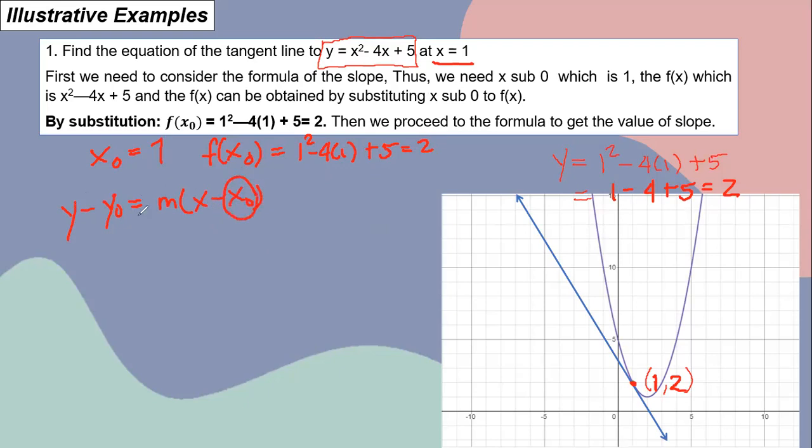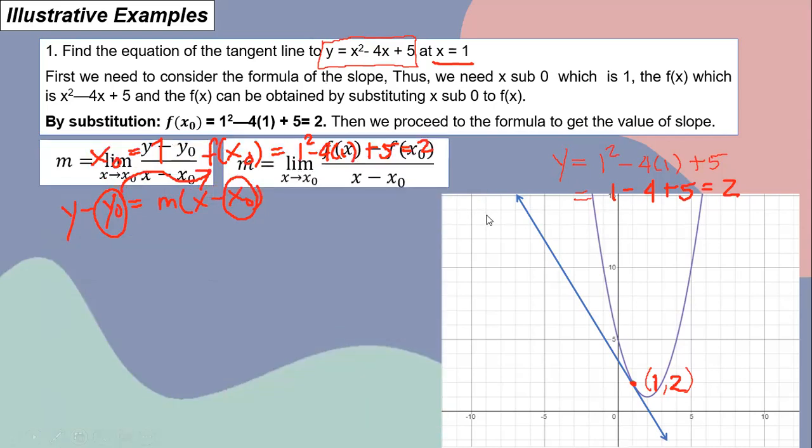Meron na tayong given x sub 0, na-compute na natin yung y sub 0, which is also the f of x sub 0. Okay? So ang hahanapin na lang natin ay yung slope. Okay? So we will be having the formula for the slope of the tangent line. Okay? Yung pinakita ko kanina.